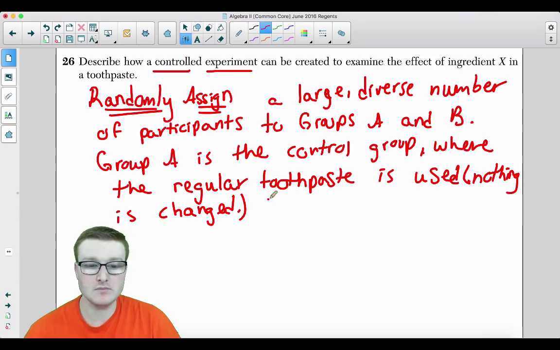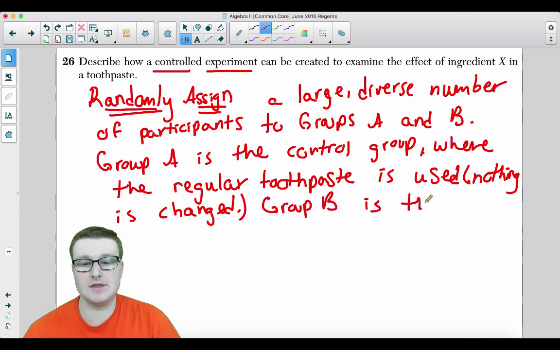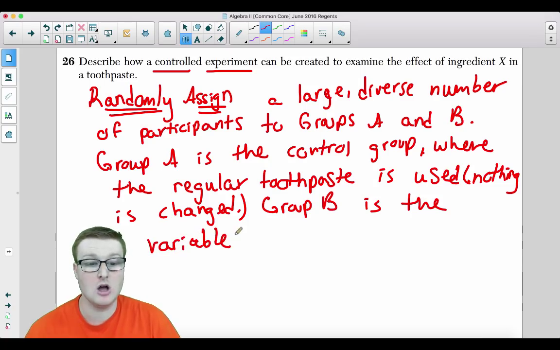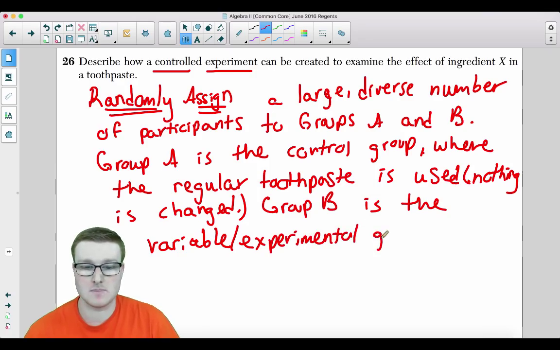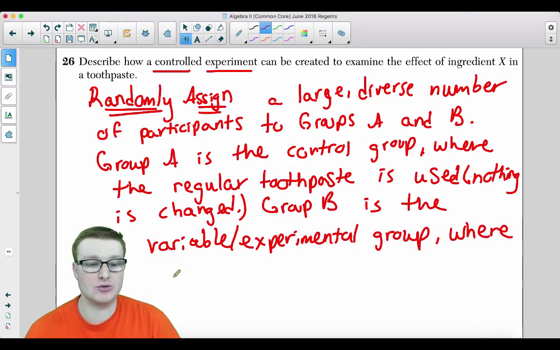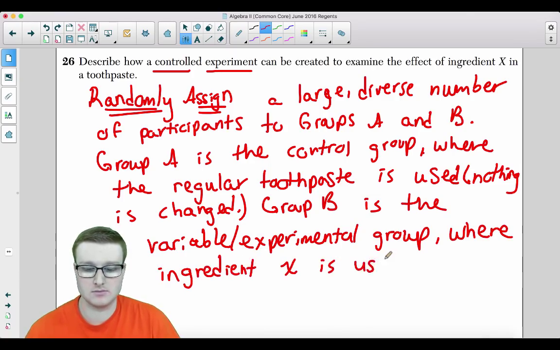Now, group B is the variable, as I said before, or it's also called the experimental group. Where ingredient X is used in the toothpaste.